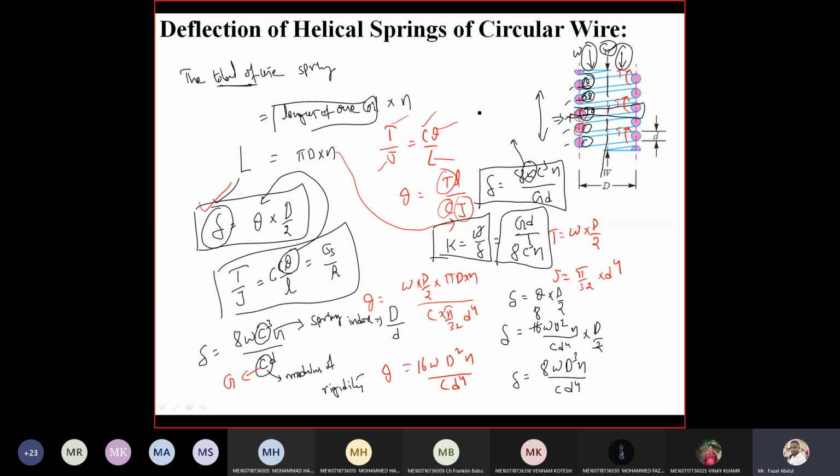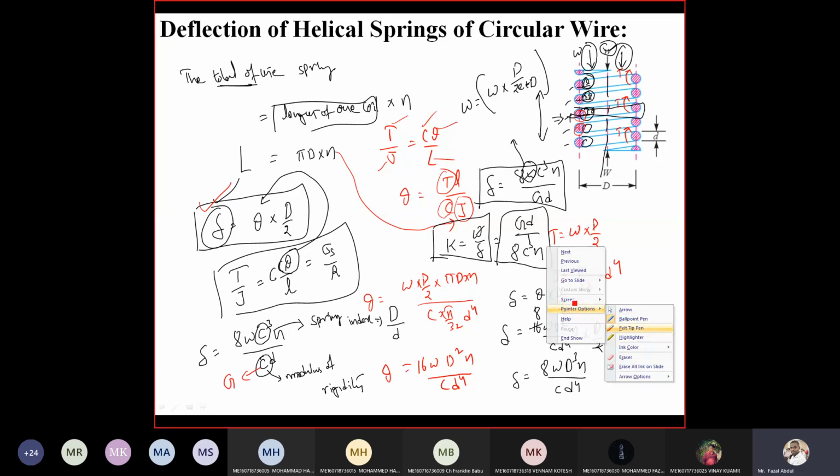At this time, we have to multiply the load with this factor: capital D by 2 into E plus capital D. If we multiply this factor to the given load, we are converting the axial load into an eccentric load.